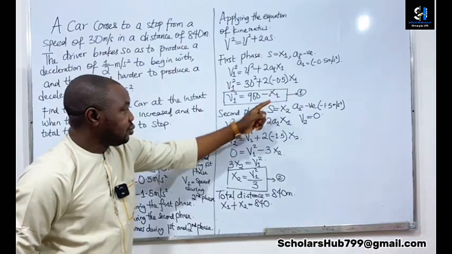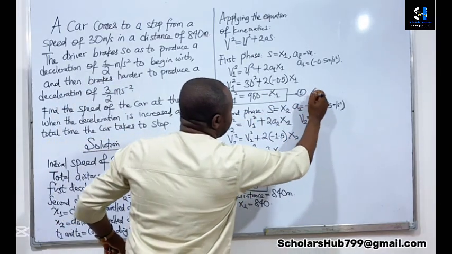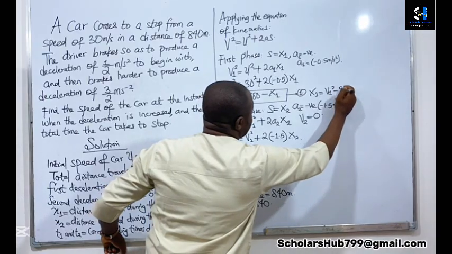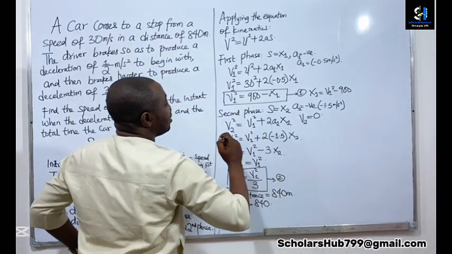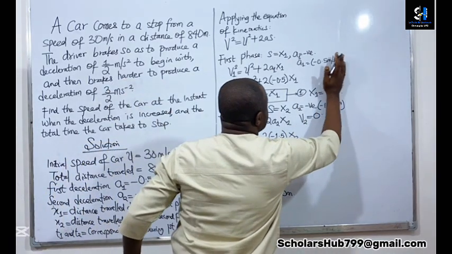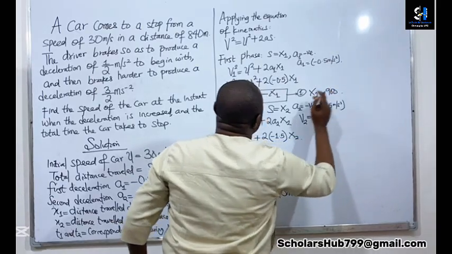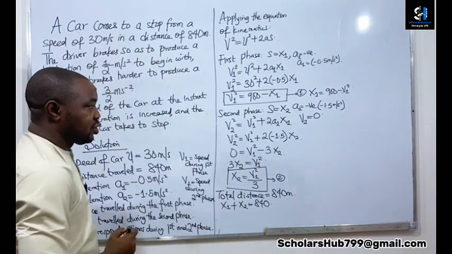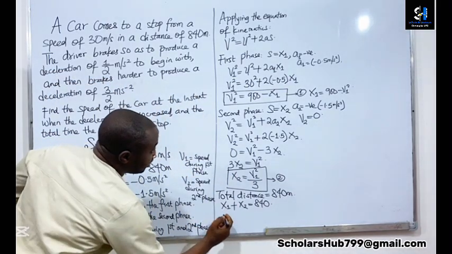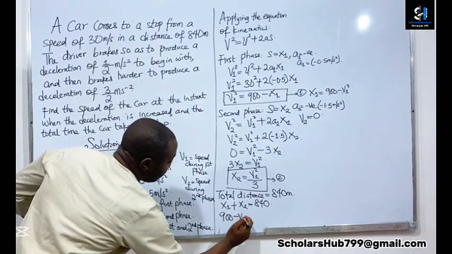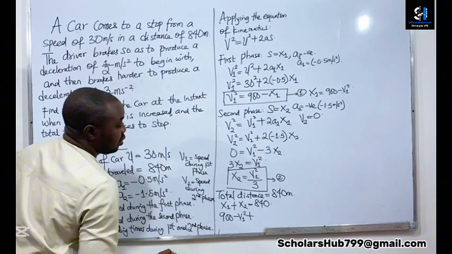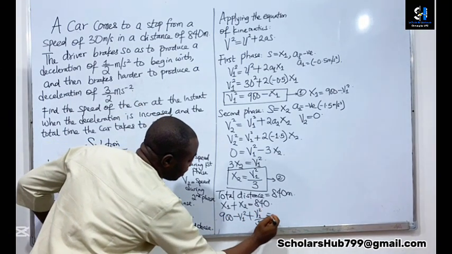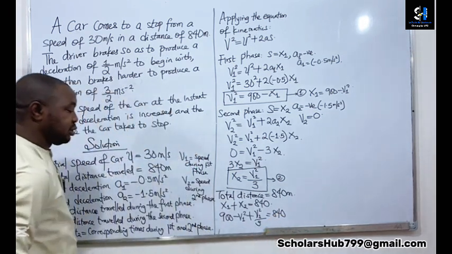If I make x1 the subject of the formula, x1 will be 900 minus v1 squared. So x1 is 900 minus v1 squared, while x2 is v1 squared over 3, and the sum equals 840.